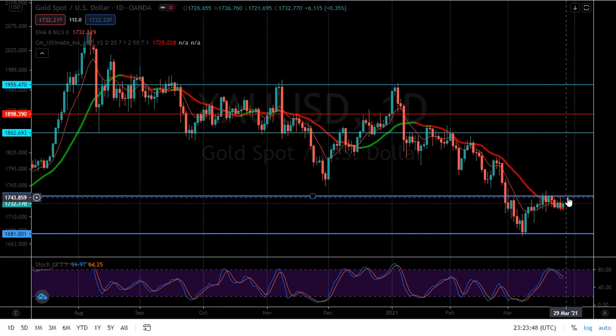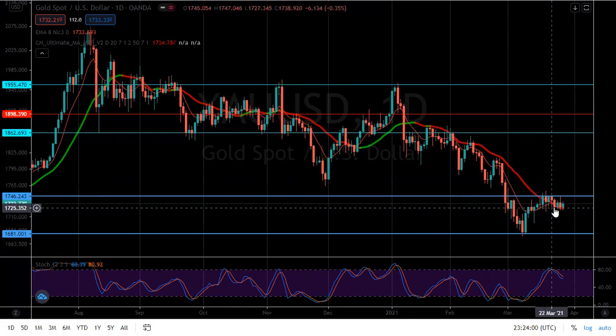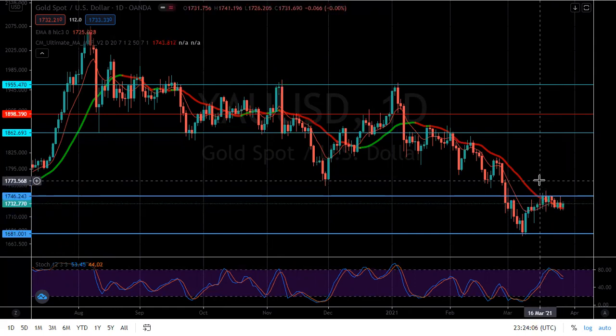So what do we do with this market? I'll be looking forward to seeing a break and close above the highs at the 1755 area for any bullish movements on this, because of this range we have here. A break and close above this will open us up to the 1770 area or 1775 area, which I was looking forward to get to this past week, and we didn't quite get that move.